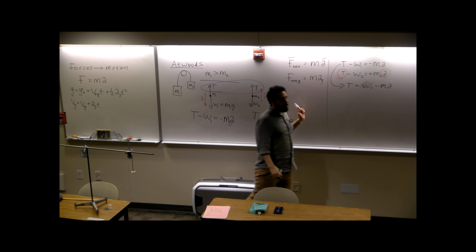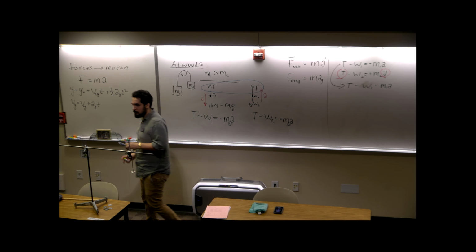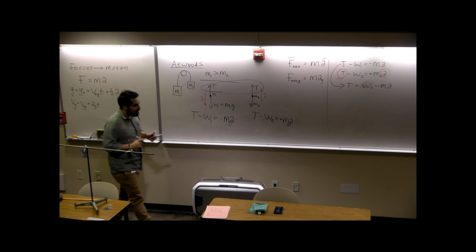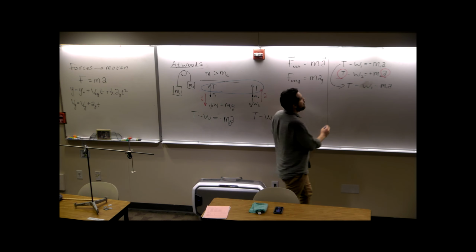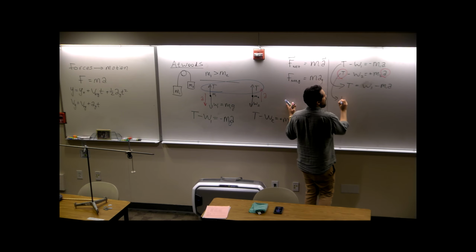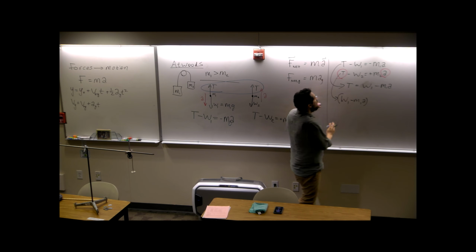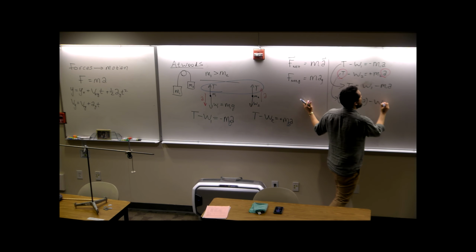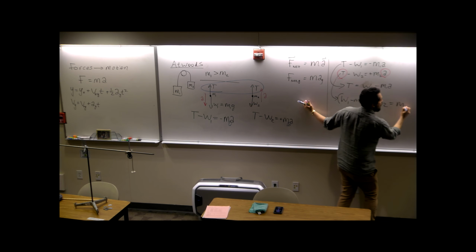I solve one of these equations for tension, just like what I've done here. I think I did that correctly. And then I'm going to plug it into the bottom equation, where we have weight 1 minus M1A, plugging in for the tension, minus weight 2 is equal to M2A.